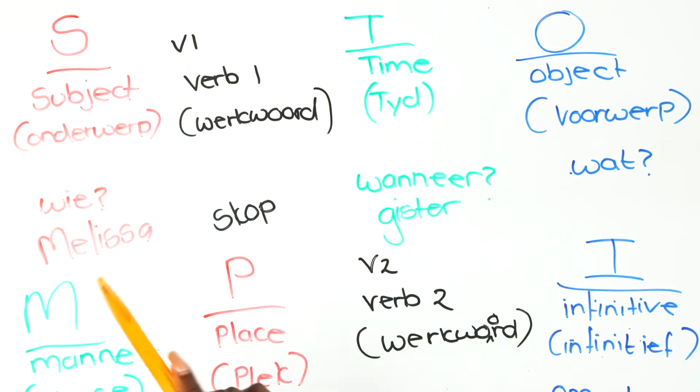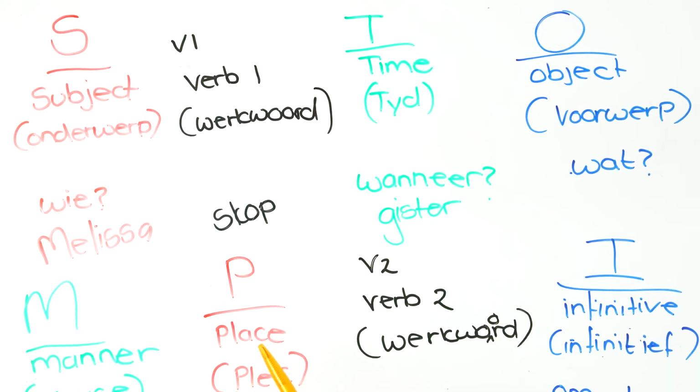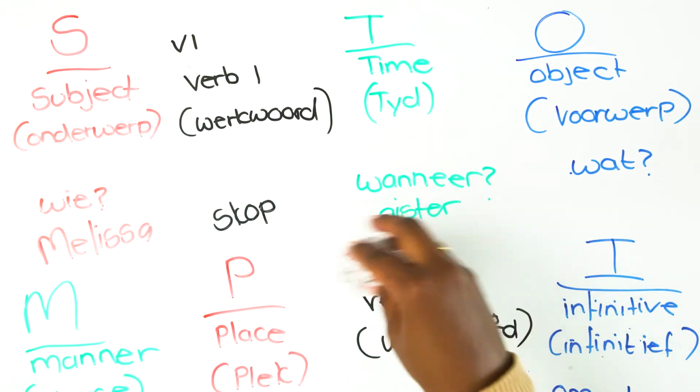So, now we've found our sentence structure. Melissa skop gister. Or Melissa het. Okay, let's revamp because now I'm changing.